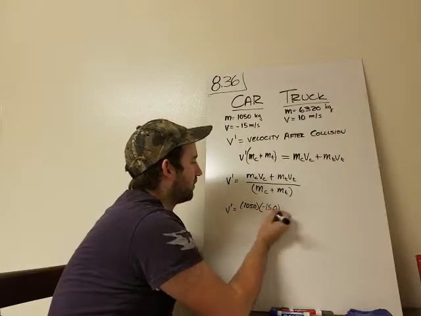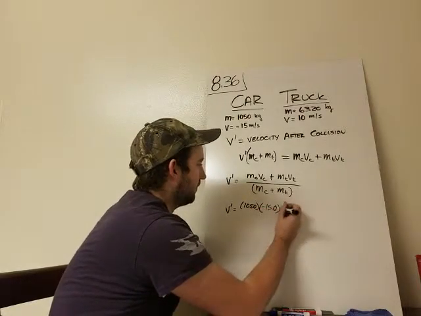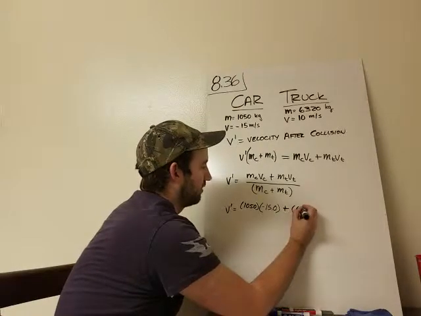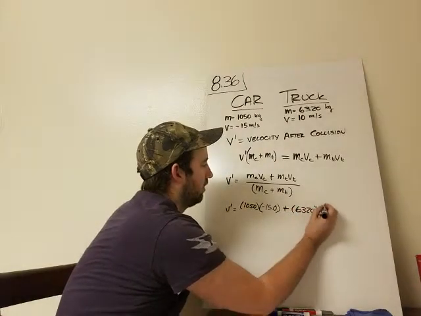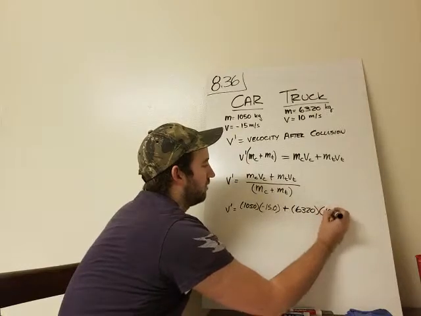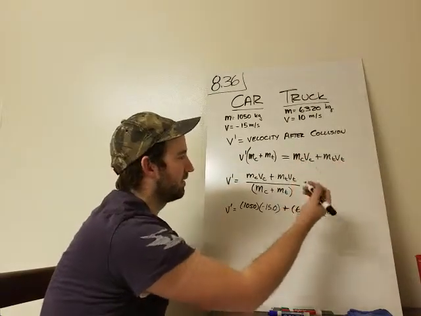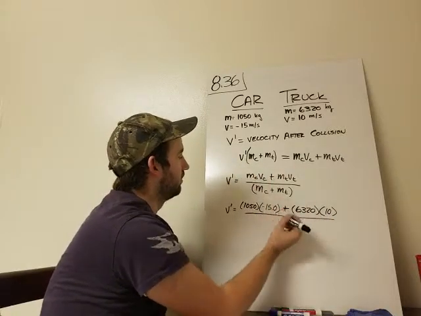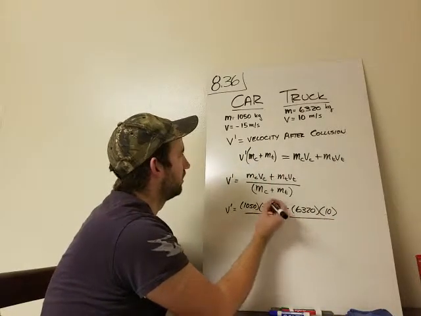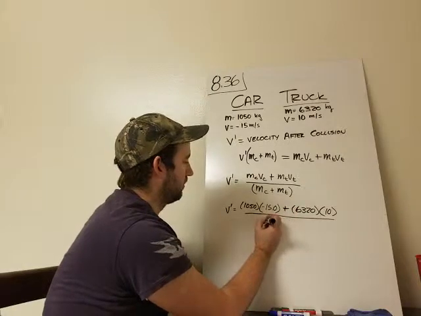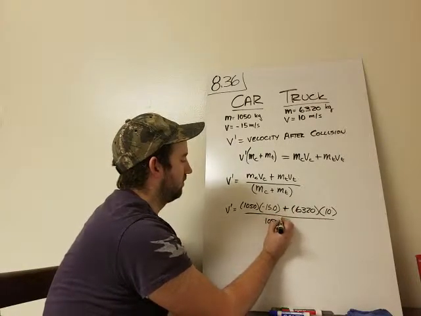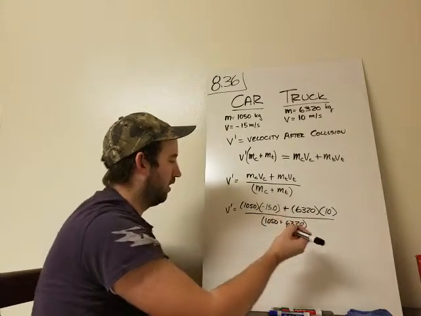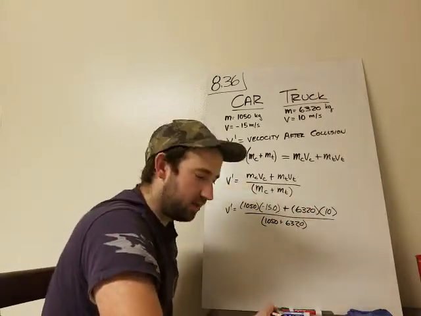Then I'll add the mass of the truck, 6,320, times its velocity, which is 10, and that's to the east, so it's positive. All over the combined mass, which is 1,050 plus 6,320. And then we just plug that into our calculator.